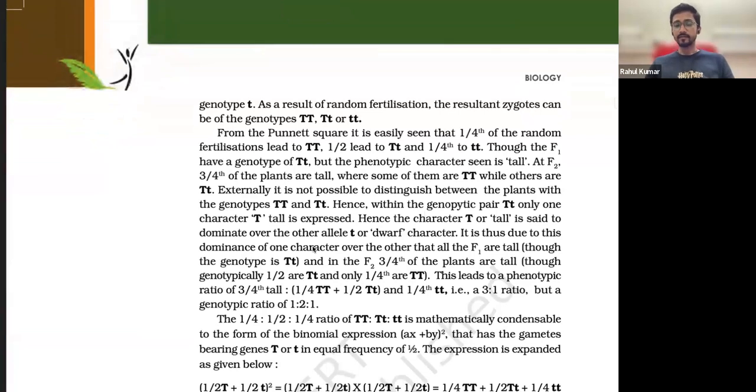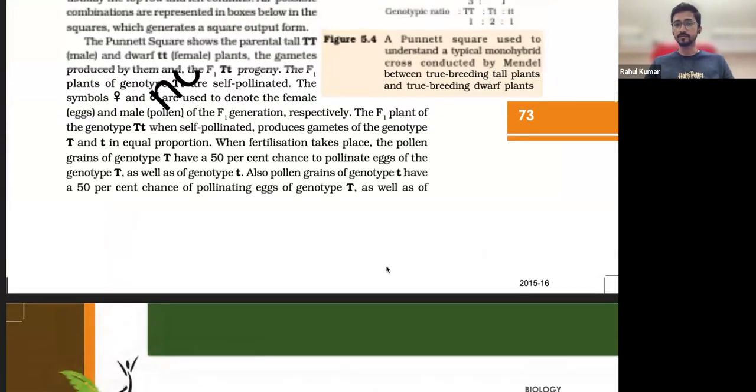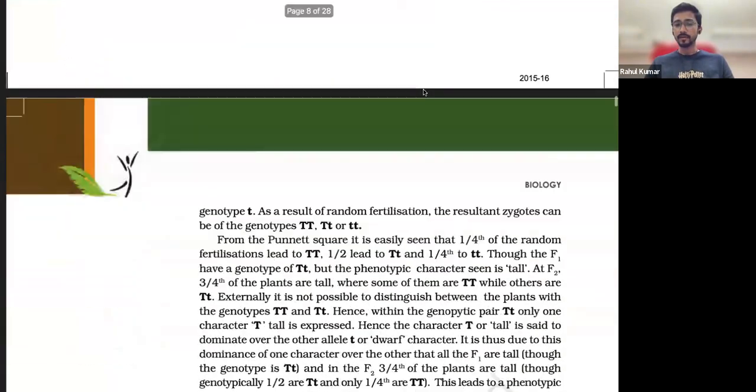And then this paragraph goes on to tell you what you already know. That within the genotypic pair, capital T, small t, only one character, tall, is expressed, hence it is called the dominant. And in the F2, 3/4 of the plants are tall, which we already know now.